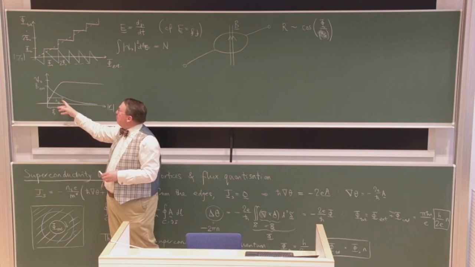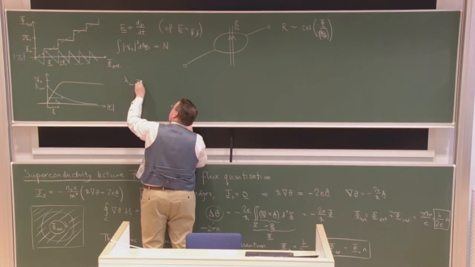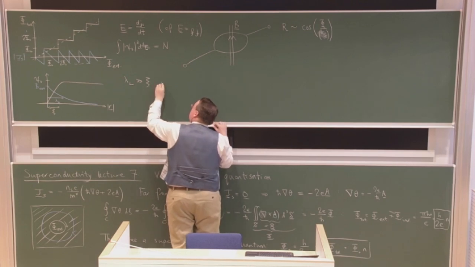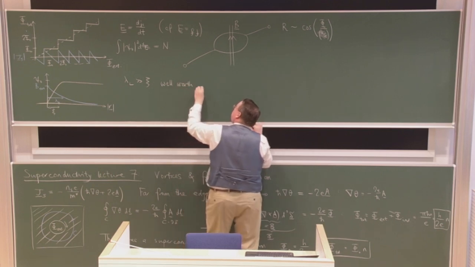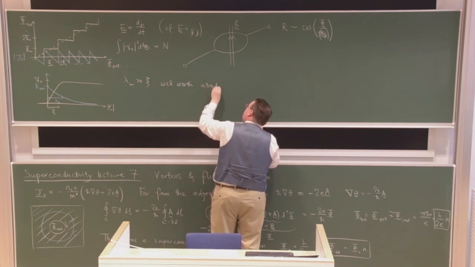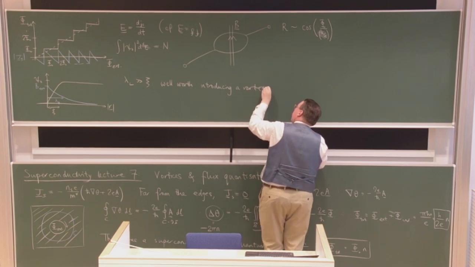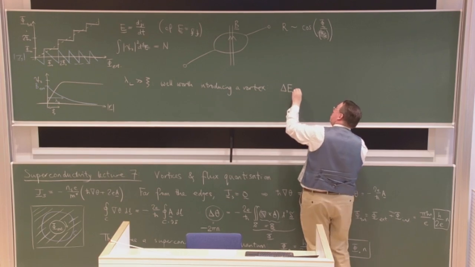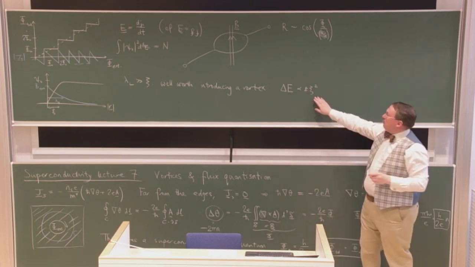And this makes a difference because if the London penetration depth is much greater than the coherence length, it is well worth introducing a vortex, because the change in energy of the system is proportional to something that goes like the square of the coherence length and is positive, right?